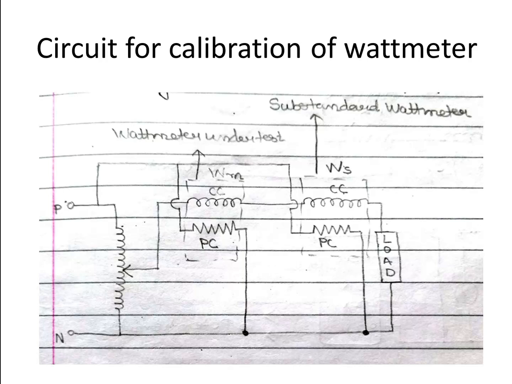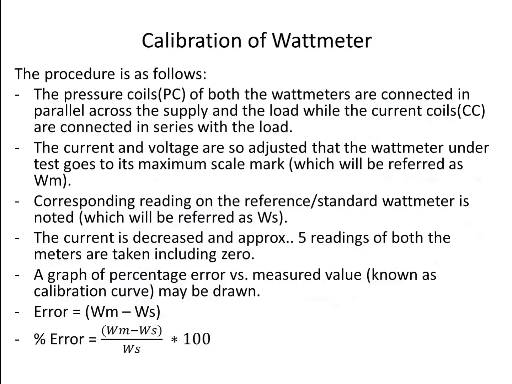Now the procedure is the current and the voltage are so adjusted using the variable load and the potential divider respectively that the test wattmeter shows a reading equal to its full scale reading or maximum scale mark. Say for example, we have a test wattmeter of 0 to 1000 watts.